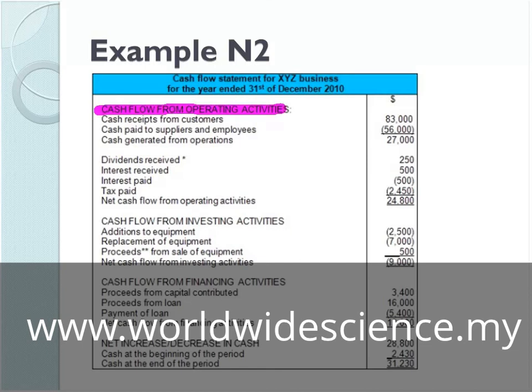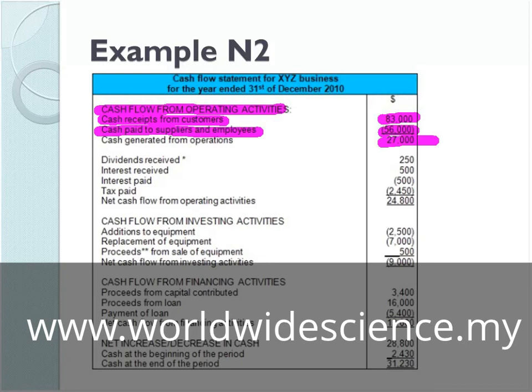You remember operational cash flow. We receive cash from customers, right? 83 plus. With cash paid to suppliers and employees, minus 56, right? And cash generated from the operations is equal to 27,000. Okay, clear?